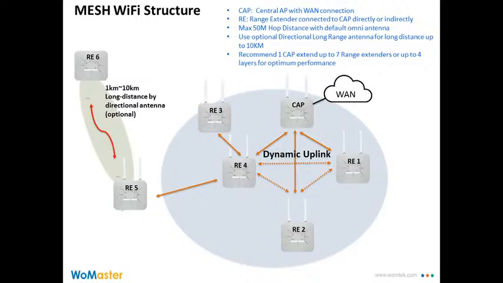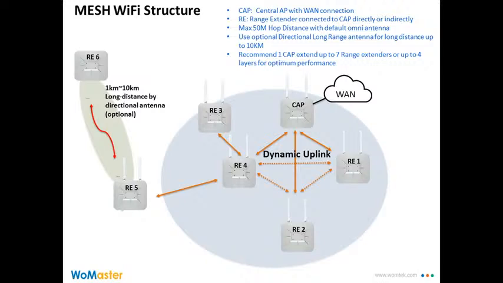It's also a portal of the subnet and responsible for access to the outer network. Besides the CAP, each node can communicate with each other with the most efficient path. The whole network is built up automatically, according to the technical suggestion. The maximum layer is not over 7 hop layers.